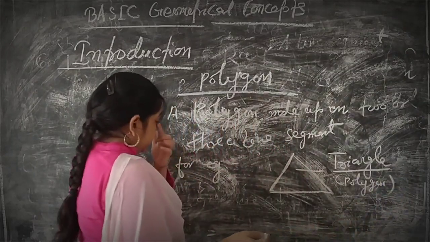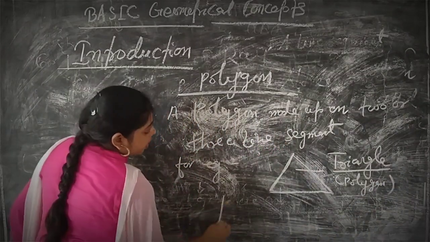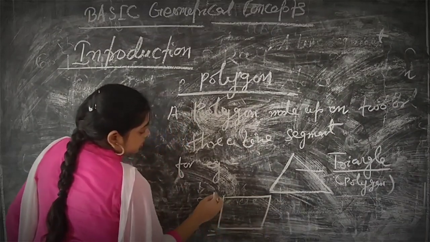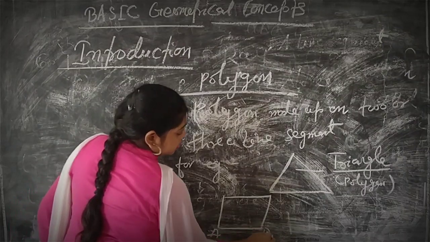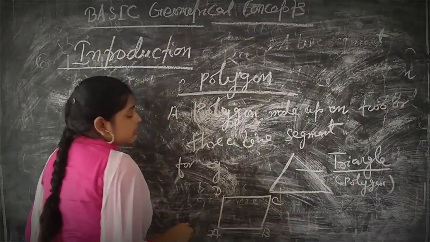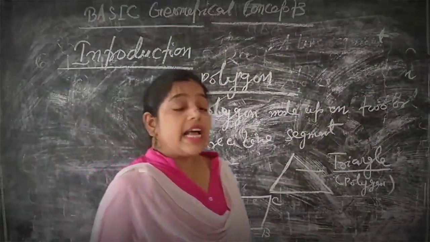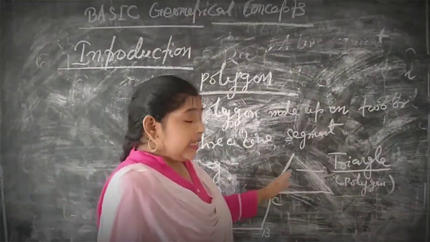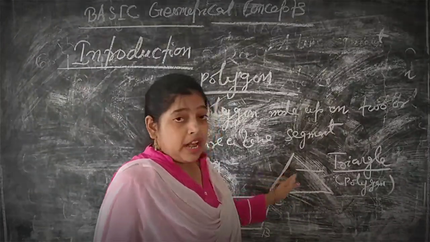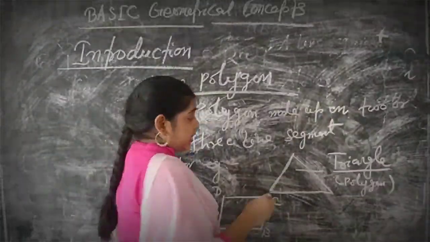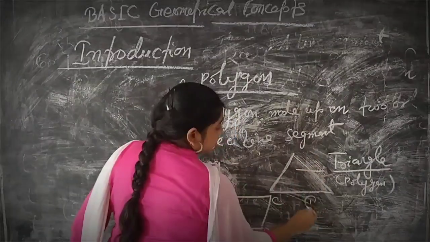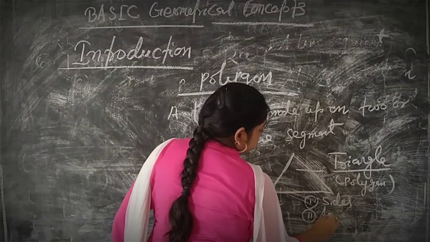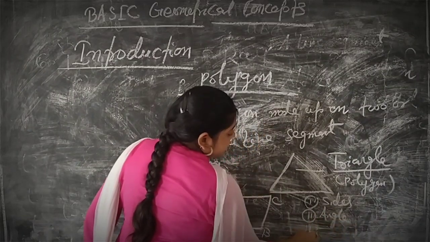Next example is the quadrilaterals. A quadrilateral is made up of line segments, and three things are available: first is sides, second is angles, and third is vertices.